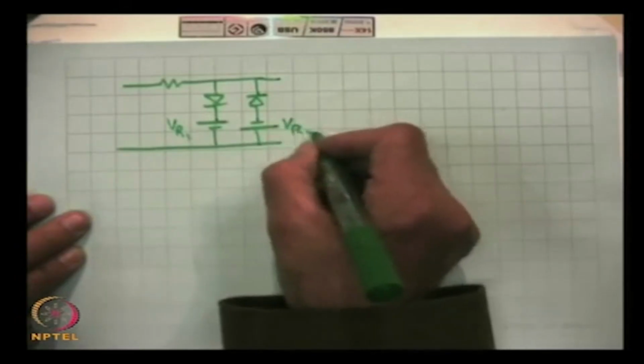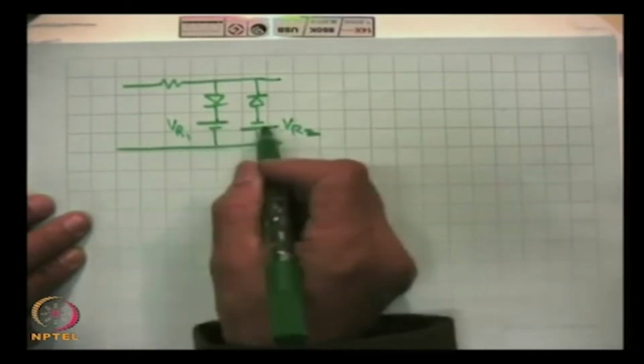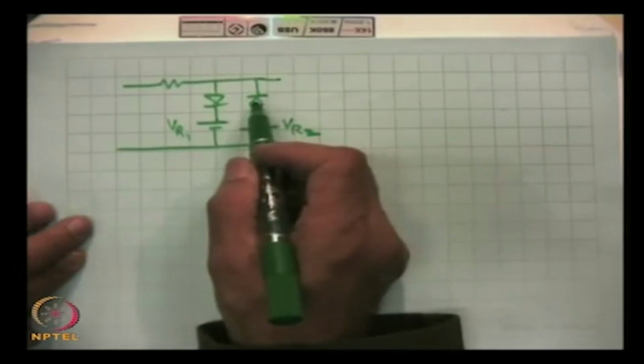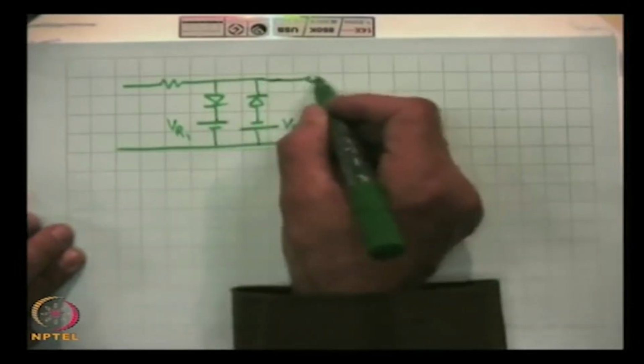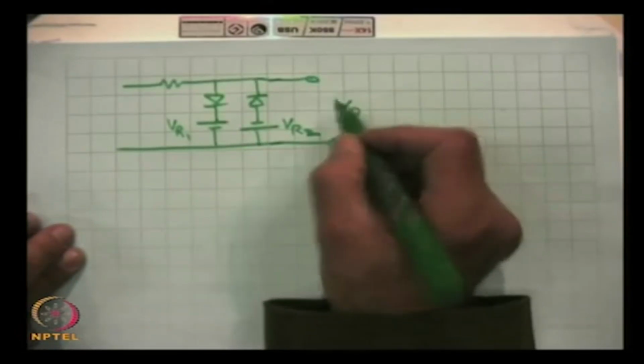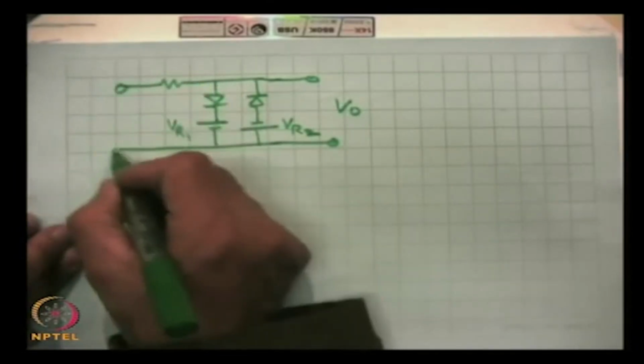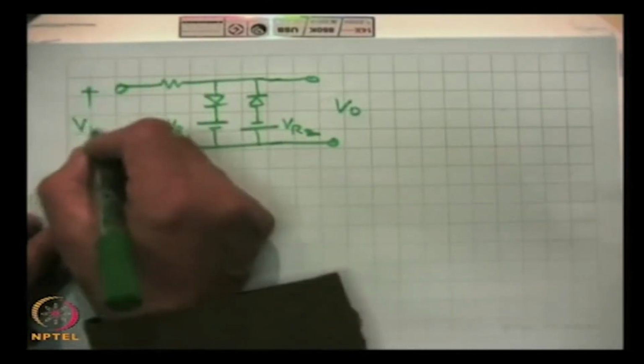This is VR1, VR2. Look at the polarity and the direction of the diodes, and here we get the output. Here we connect the signal Vi.